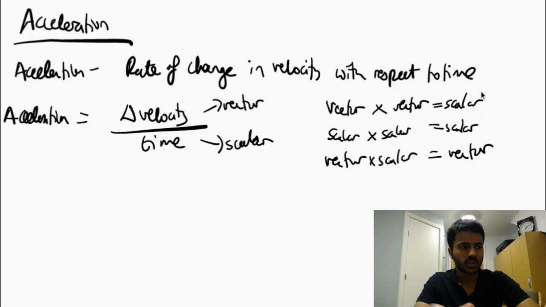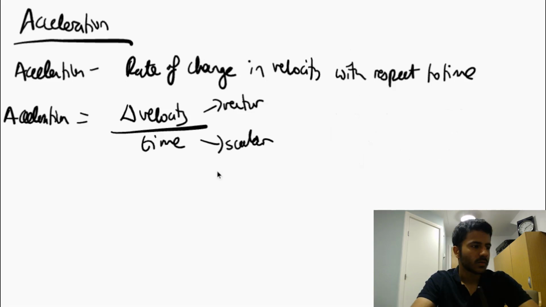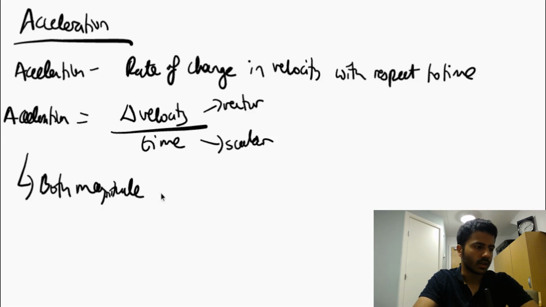So you can almost assume that vectors are a negative quantity, scalars are a positive quantity. So if you times a negative number by a negative number, you get a positive number. Positive by positive, you get positive. And then positive by negative, you get negative. So this means that acceleration has both magnitude and direction.